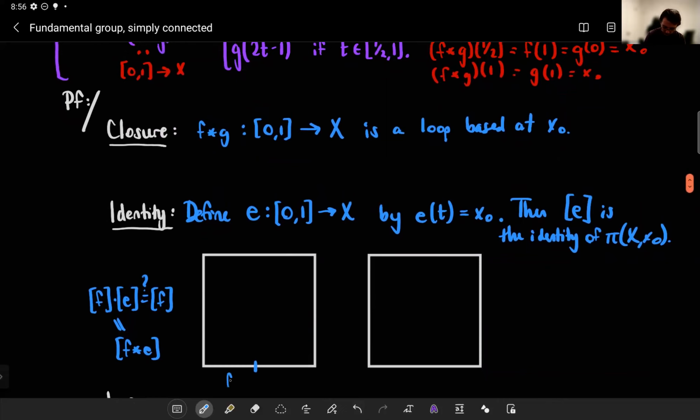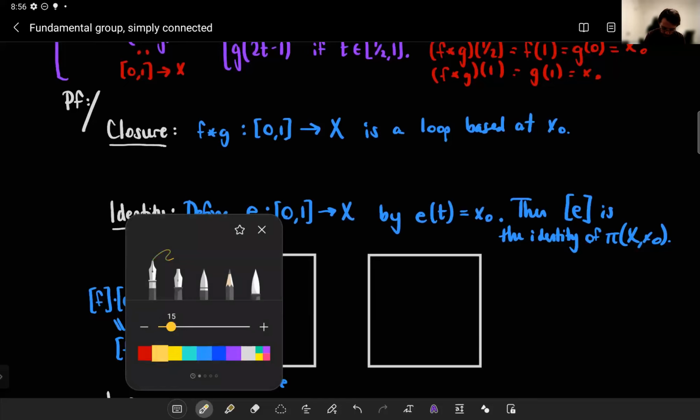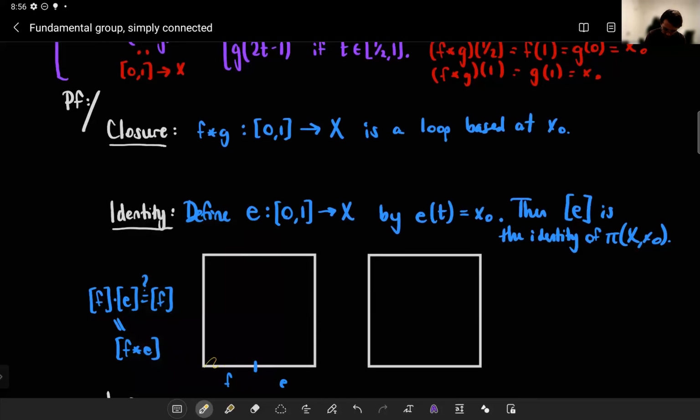So let's think about F being here and E being here. So in your brain, you're imagining that, maybe I'll draw this in red. This is the point x0. That's our base point. And I guess this will also be the point x0. And so F is some path, which we're drawing as a line here, but you can imagine it doing all sorts of wacky things.